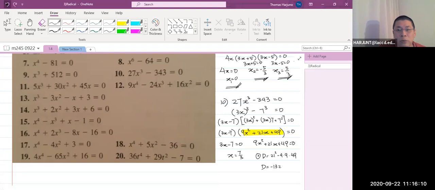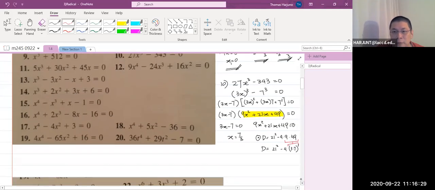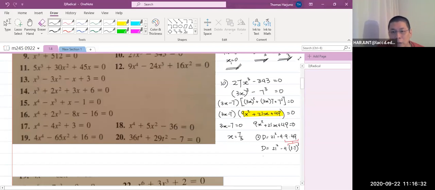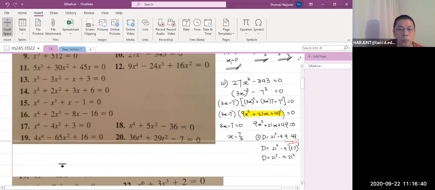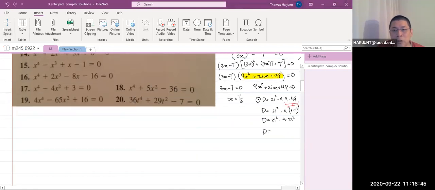I prefer to do it this way so that it makes it easy for me later on. This is 21 squared. This is 7 times 3 times 7 squared. Then the discriminant is 21 squared minus 4 times 21 squared. So the discriminant is negative 3 times 21 squared.